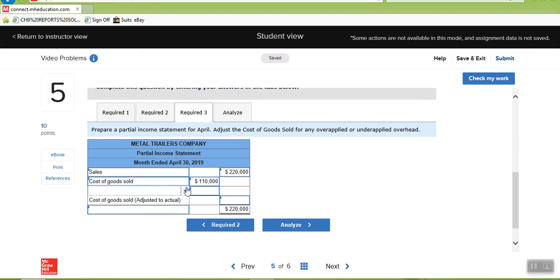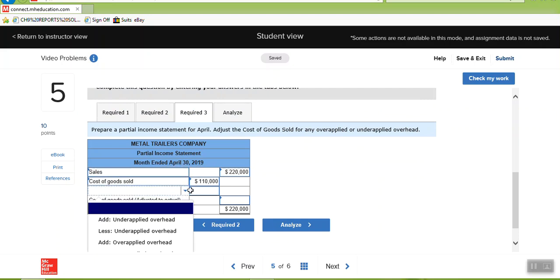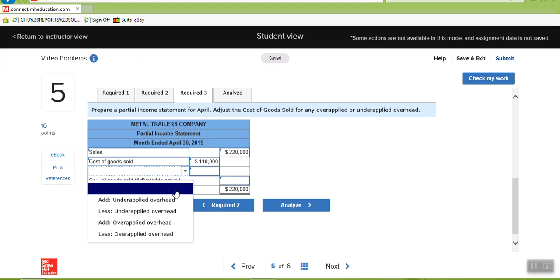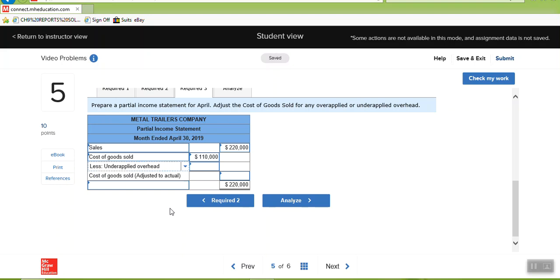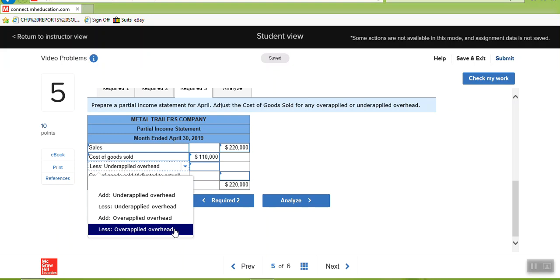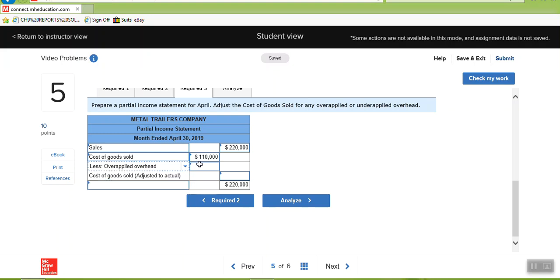Cost of goods sold is $110,000. All right, and then the instructions said to include the over-applied or under-applied overhead. So we had over-applied overhead. So we have too much overhead in that cost of goods sold because we applied too much to our work in process, which then filtered down to our finished goods and then cost of goods sold.